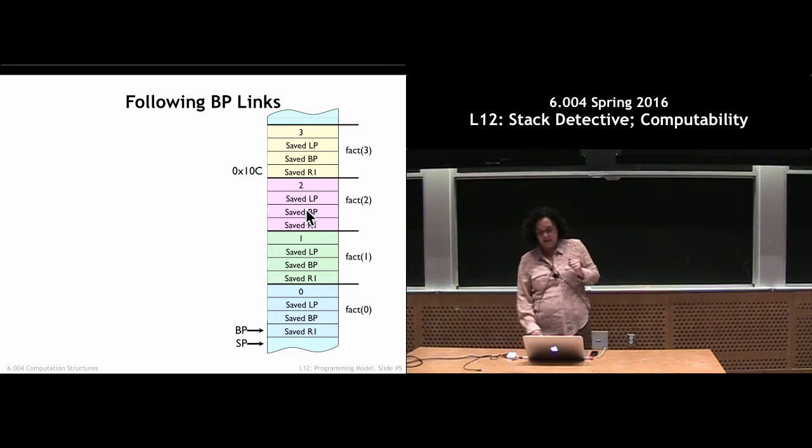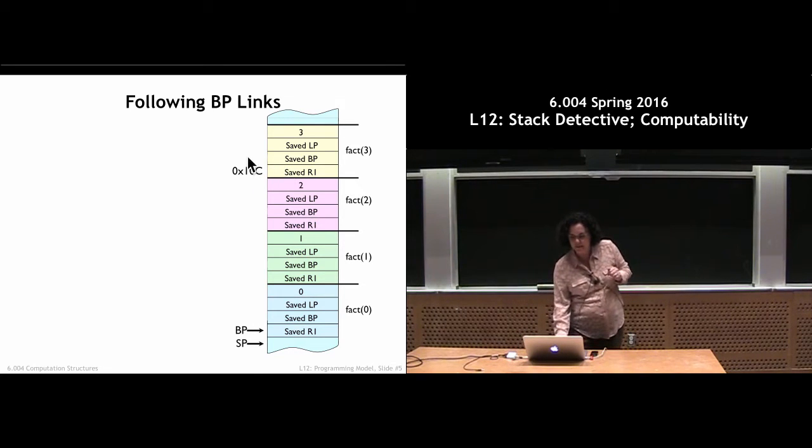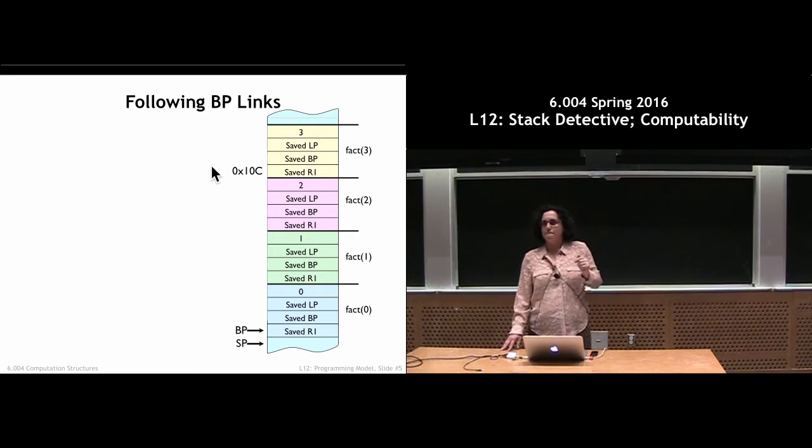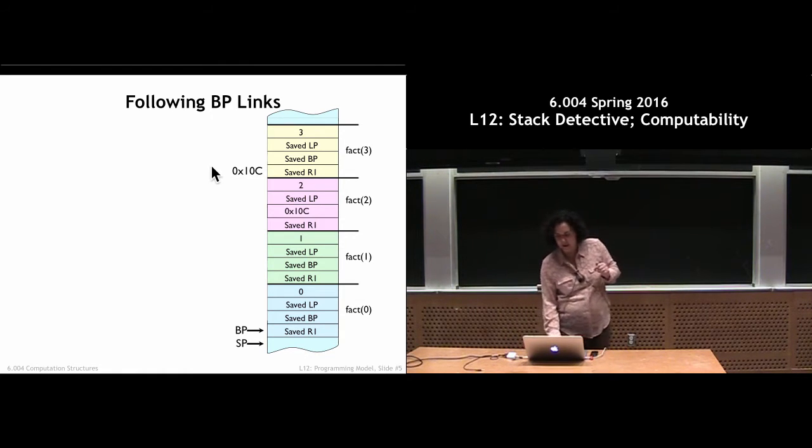So suppose, for example, that I told you that the address of the first base pointer was 0x10c. Well, what could you infer from that? You could infer a few things. The first is that this location in my stack has the value 0x10c. Even if I didn't tell you that, you could tell me yourself that that's the value of that element of the stack.